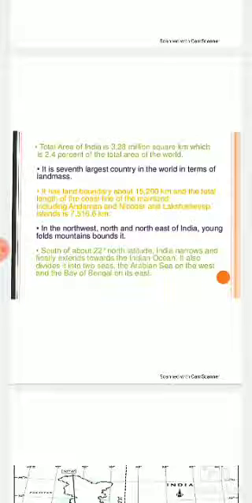So the land boundary of India is 15,200 kilometer, while water boundary of India is 7,516.6 kilometer, including Andaman and Nicobar. If you exclude Andaman and Nicobar, then water boundary of India will be 6100 kilometer. I hope you have understood this.